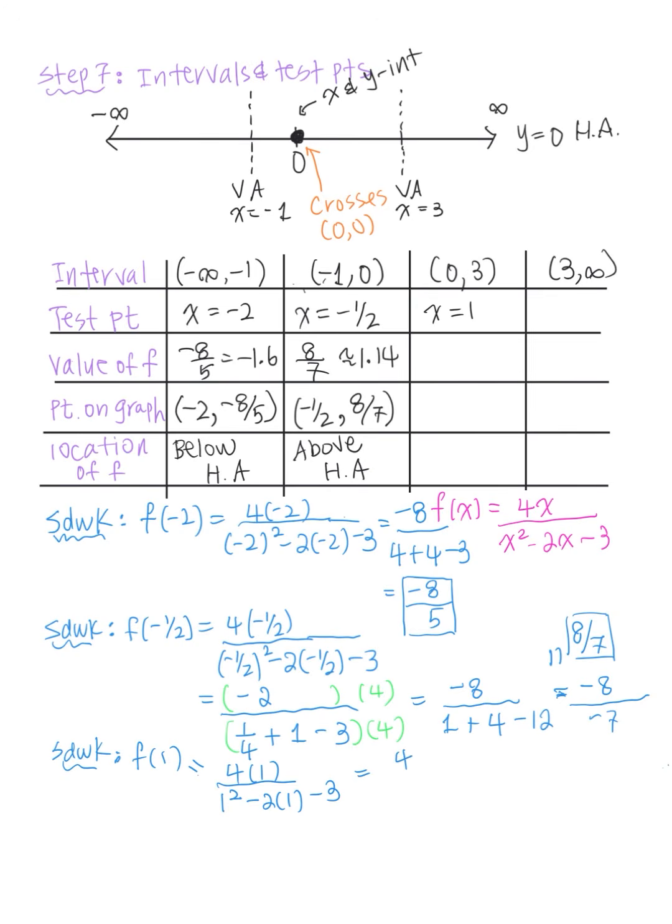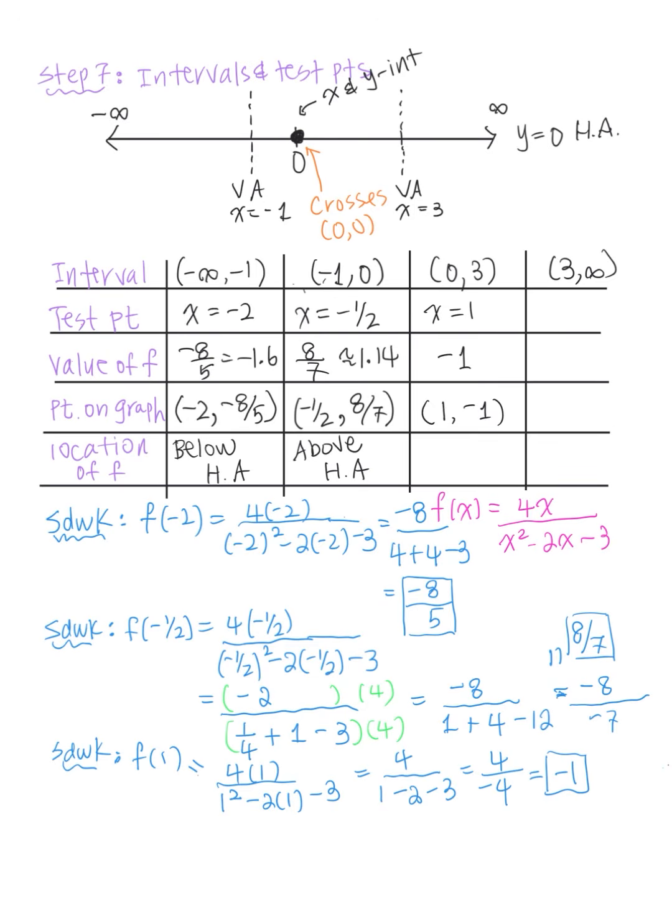That gives us 4 over 1 minus 2 minus 3, which is 4 over -4, so it's going to be -1. Filling the box, we have -1, and the point on the graph is x equals 1 and y equals -1.